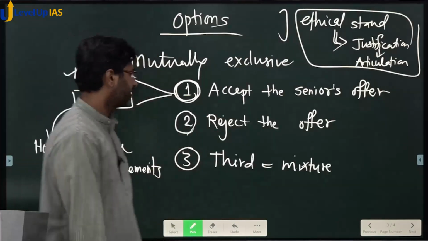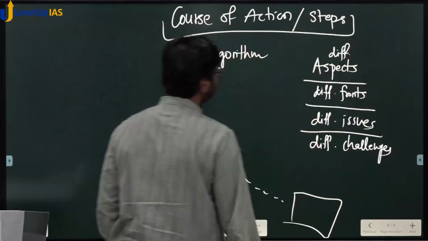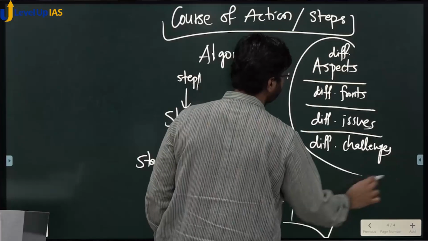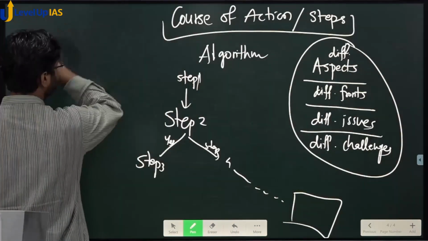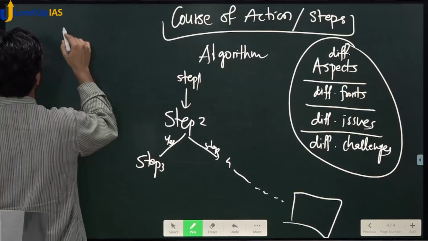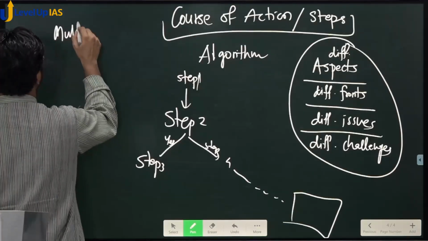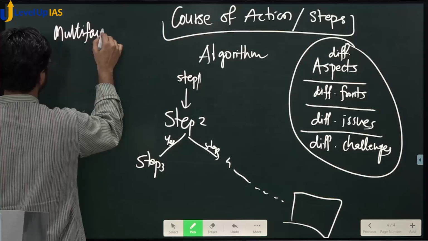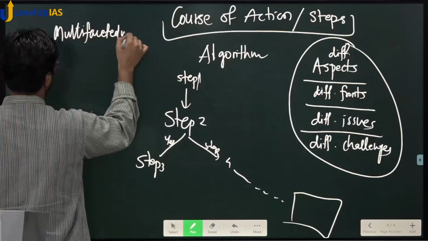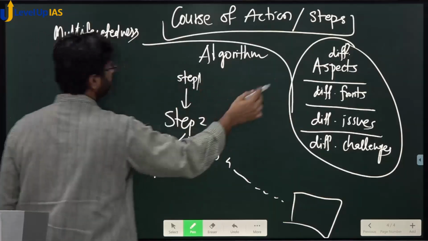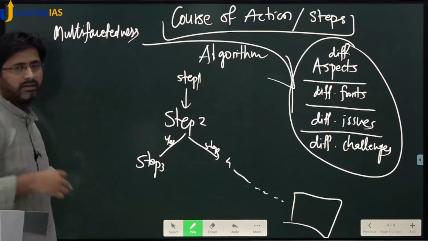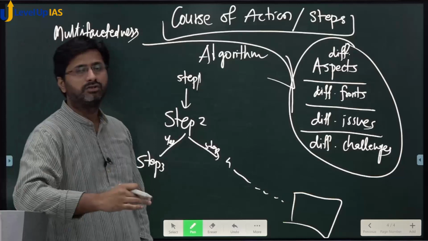But when it comes to here, it is how many different aspects. Whenever there is course of action, their stand is important. यहाँ पे multifacetedness is important. How many different things you can take into consideration and resolve the issue.